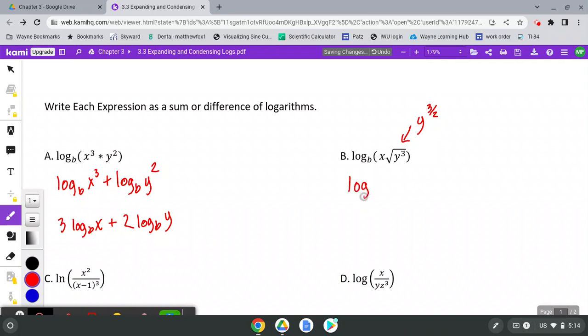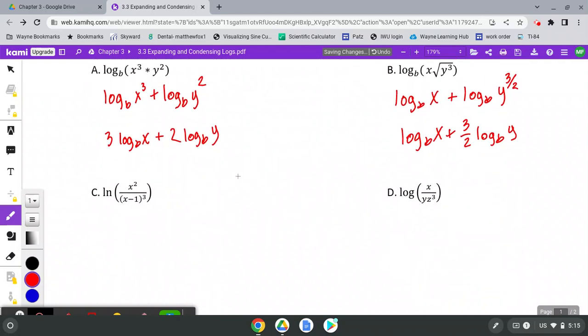It'd be log base b of x plus log base b of y to the 3 halves. We're not done though because we have y to the 3 halves, so we need to rewrite that. Log base b of x plus 3 over 2 log base b of y. And we'd be done.